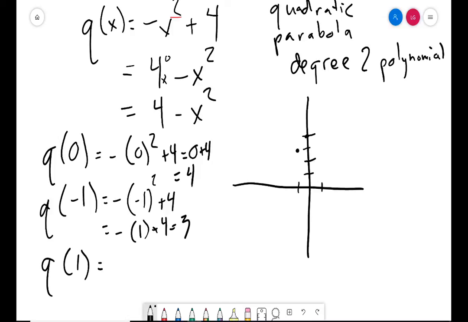It doesn't have to happen at 0 for every polynomial, but it does for this one. So, okay. Also 3. And you might see pretty quickly in this expression, if x is 2 or negative 2, y will be 0.